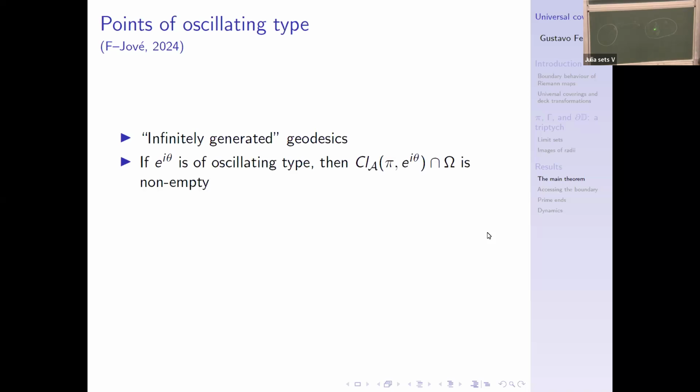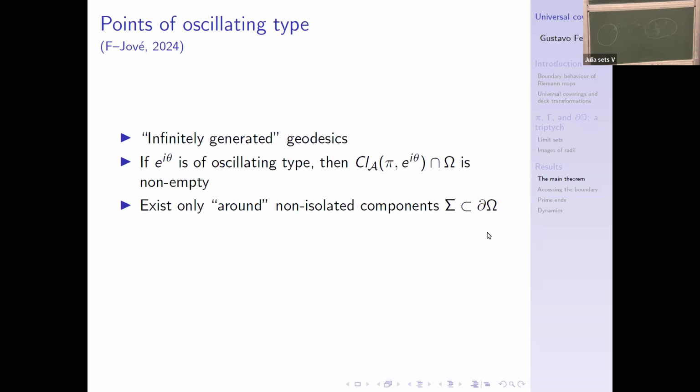And because it has to do this oscillation, because it has to cross this region here infinitely many times, I will also have some non-empty intersection of the angular cluster set with my domain. So the points of this type are also not mapped to the boundary of my domain in some sense.